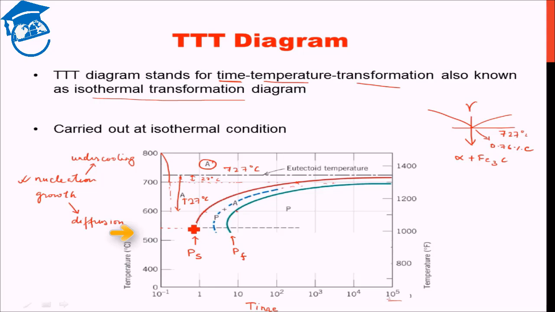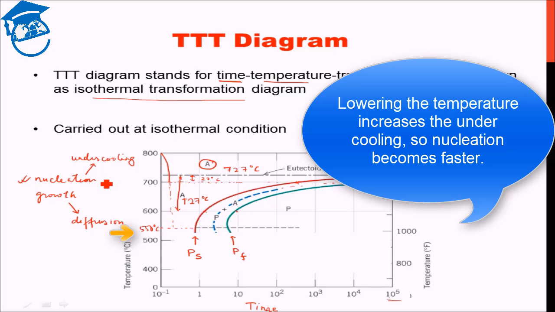This pearlite formation takes place till around 550 degrees Celsius. We will see what happens below that later. So at 550 degrees Celsius we have an undercooling of 177 degrees Celsius. So what we see is that as we lower the temperature and approach 550 degrees Celsius, the undercooling increases, thereby nucleation does not take much time.